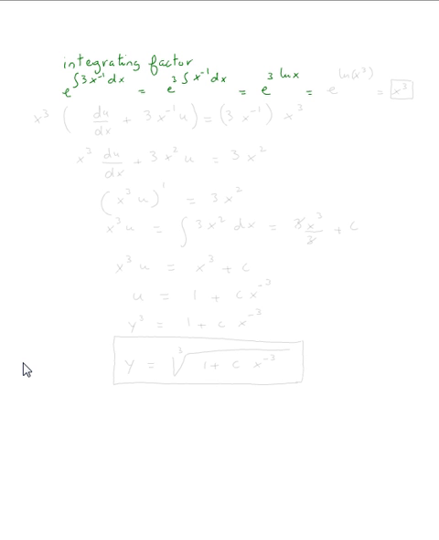Now use the properties of log. This will be e to the ln of x cubed, which means it's equal to x cubed. So this is the integrating factor.